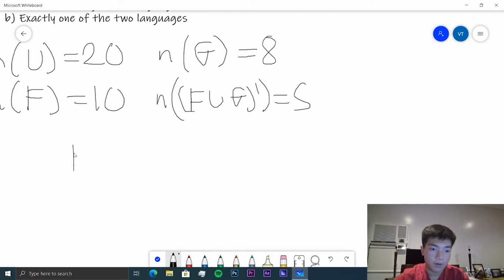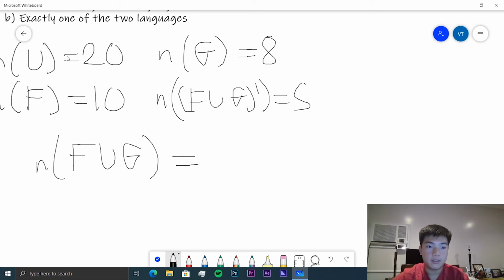And so therefore the number in F union G must be equal to the universal set minus this. So it's 20 minus 5 is equal to 15. So 15 students study French or German.